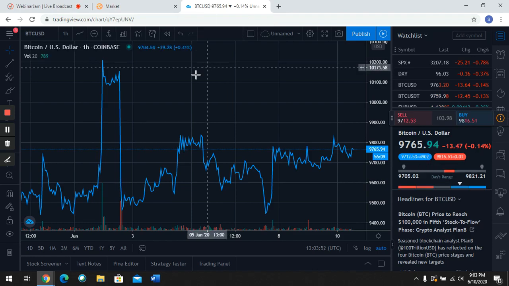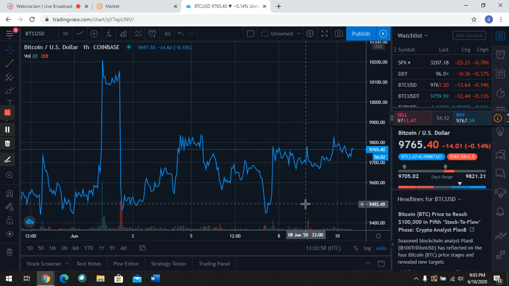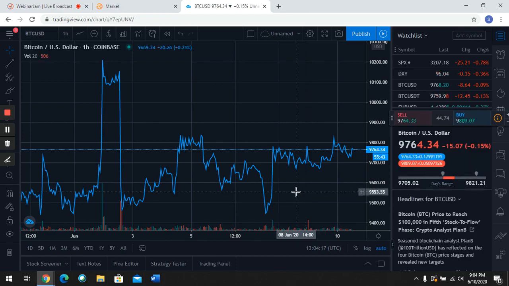Let's say you're a beginner and you want to understand what I'm talking about, and why you need to look at this line chart. I'm going to help you draw the resistance and support levels so that you have a better understanding of how to read the pattern and what your next step is if you want to be a trader.